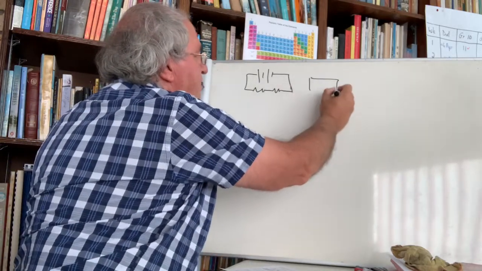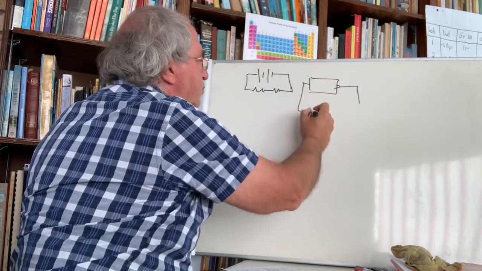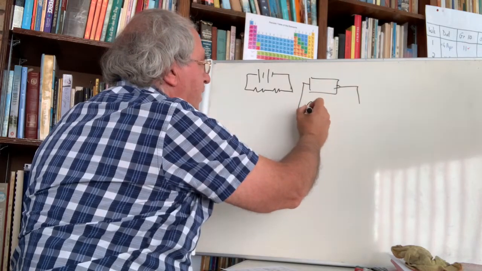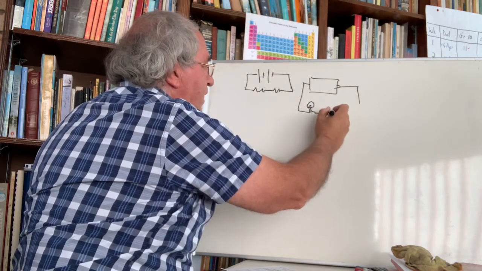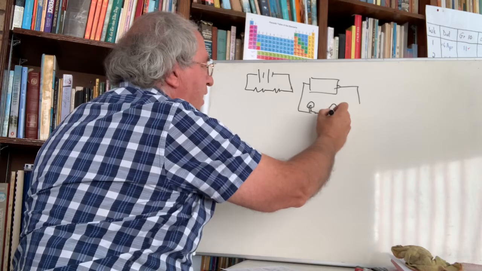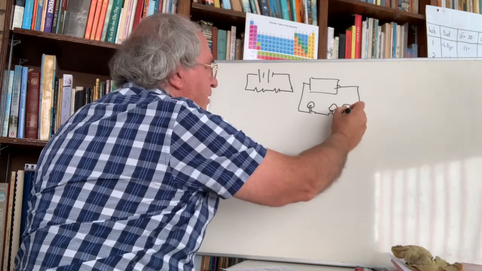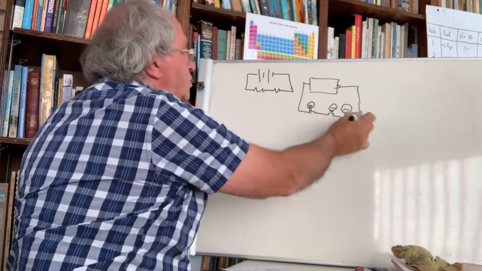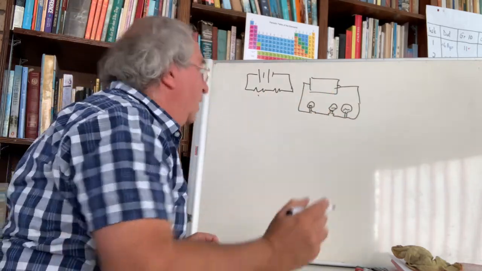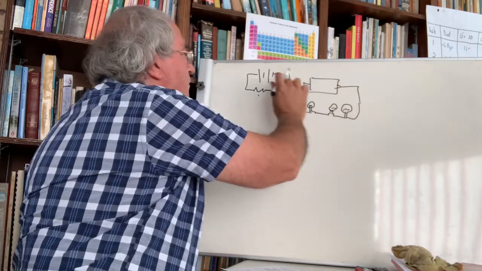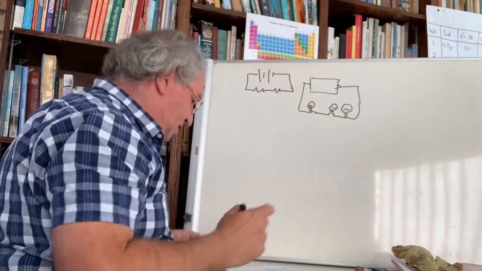In practice, it would be this: a lamp, and then it goes through one, or a battery, it goes through one lamp, and then through another one, and then through another one. These would be connected in series. This is the symbol for the cell, of course, and that's the symbol for a resistor.